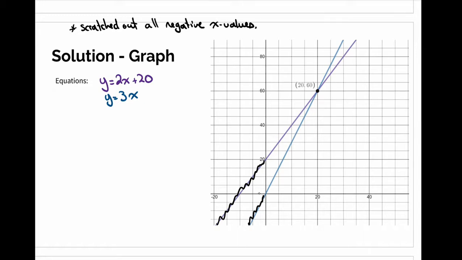So anything that was before 0 we scratched out, and the reason for that is that these values do not make sense in the scenario.